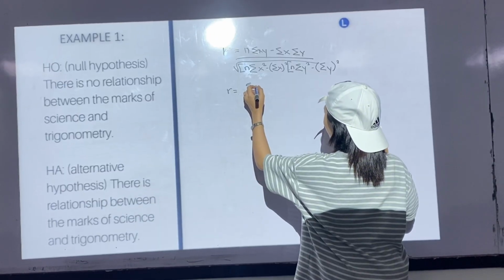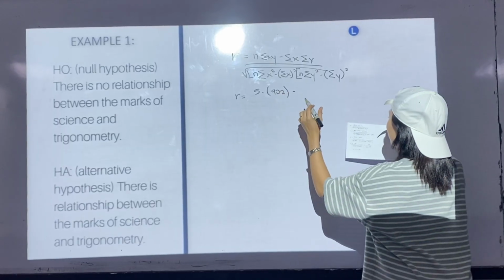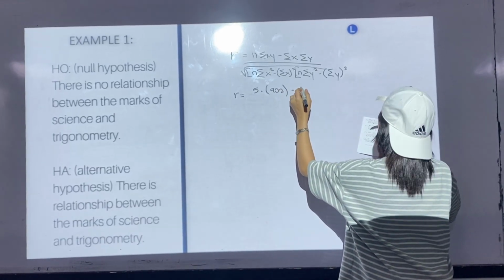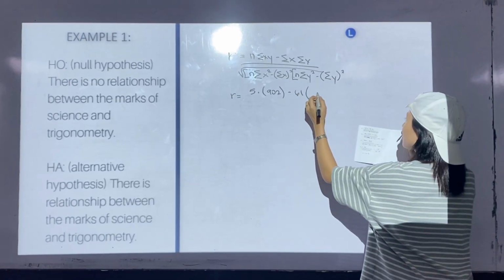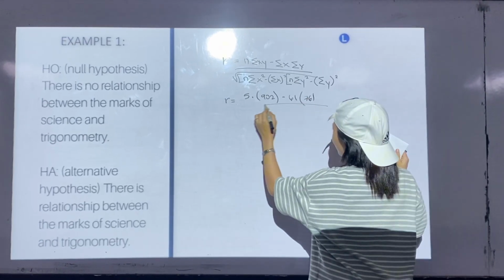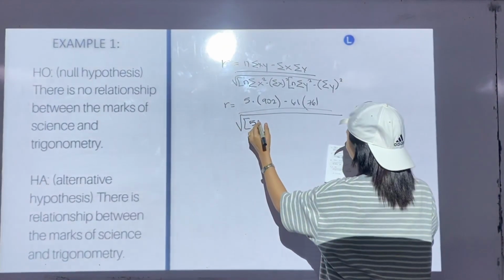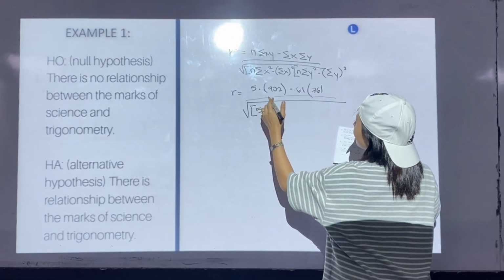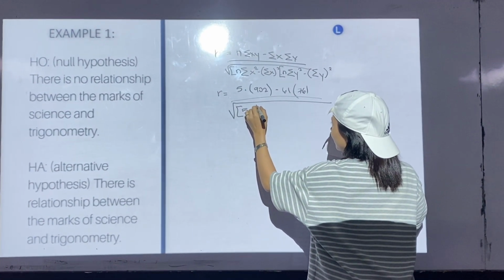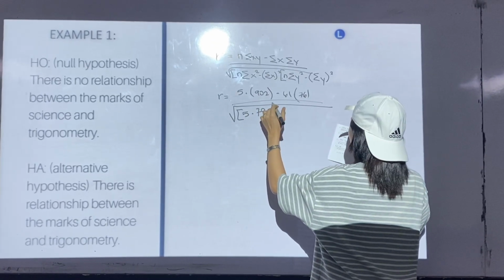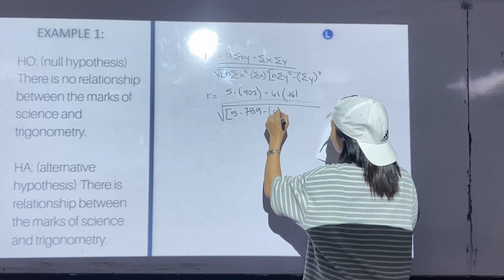n is 5 and the sum of the product of x and y is 902, minus the sum of x values, which is 61, times the sum of y values, which is 76, over the square root of n, which is 5, times the sum of x squared, which is 789, minus the sum of x, which is 61, squared.